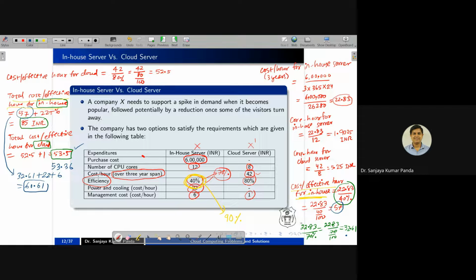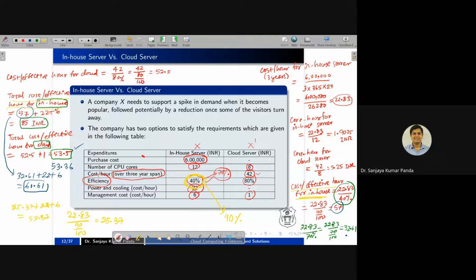Let me solve here: 22.83 divided by 90 by 100, I think you will get 25.37. Then you have to add 25.37 plus 22 plus 6. That's why I think you are getting 53.37 or 53.36, whatever it may be. So that is the total cost.